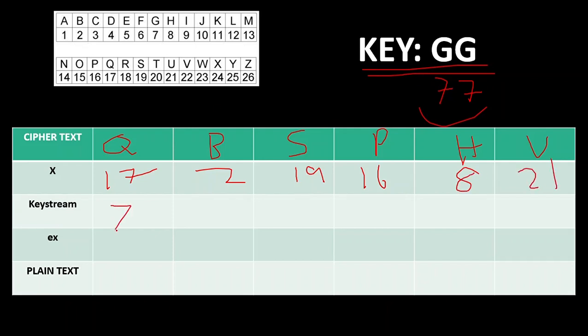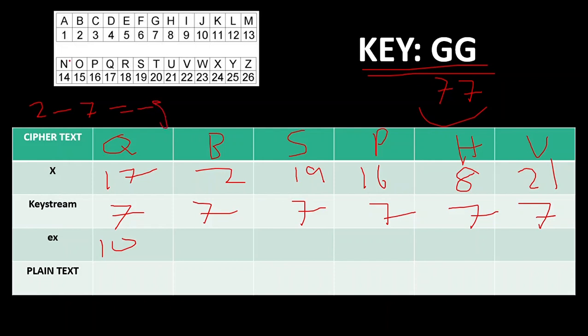In the key stream, once again, GG, GG, GG. Now, if earlier it was addition, this one it's subtraction. So 17 minus 7 is 10. 2 minus 7 is equal to -5, right?